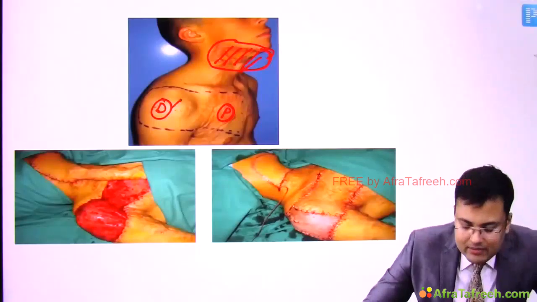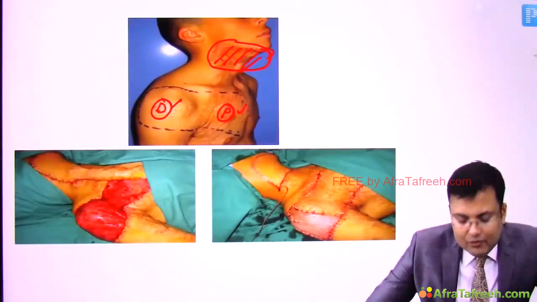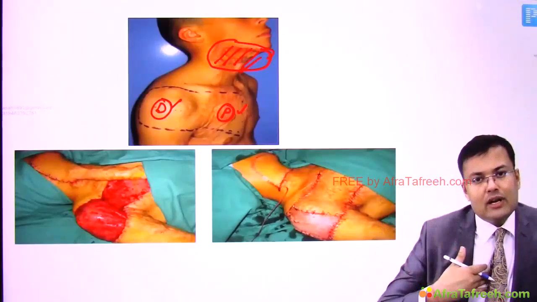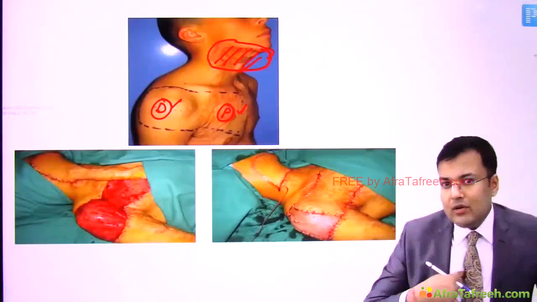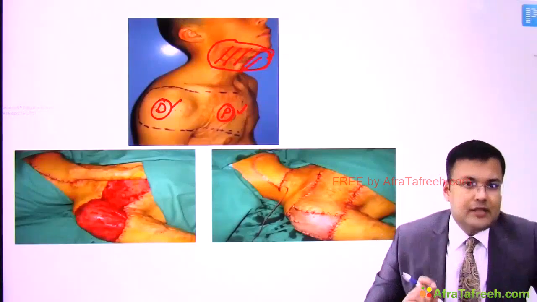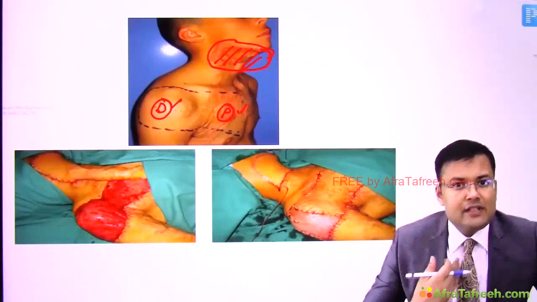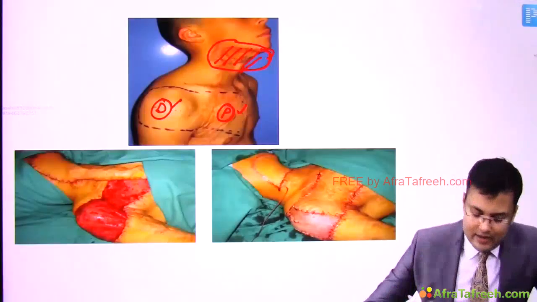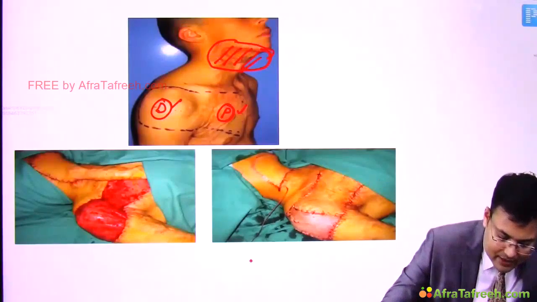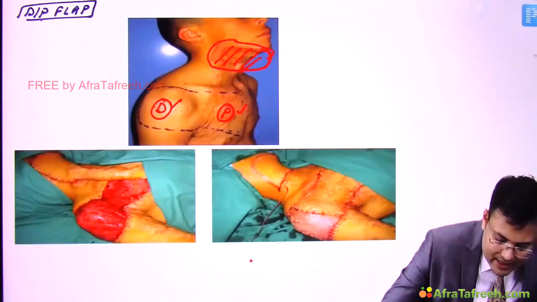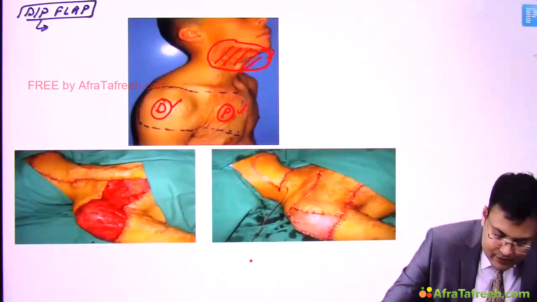So if I take a flap from this region, this is known as deltopectoral flap, and it is based on which vessel? It is based on perforators of which artery? Internal mammary artery. So this is the deltopectoral flap, also known as DP flap, and it is based on perforators of the internal mammary artery.